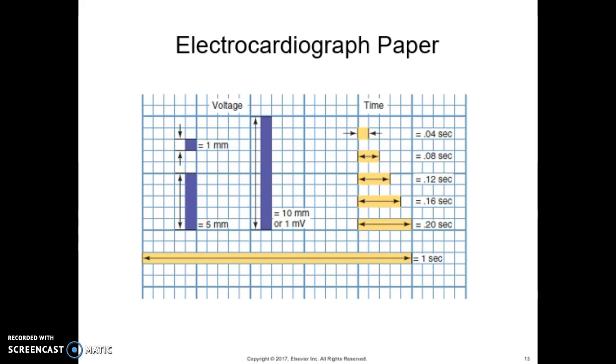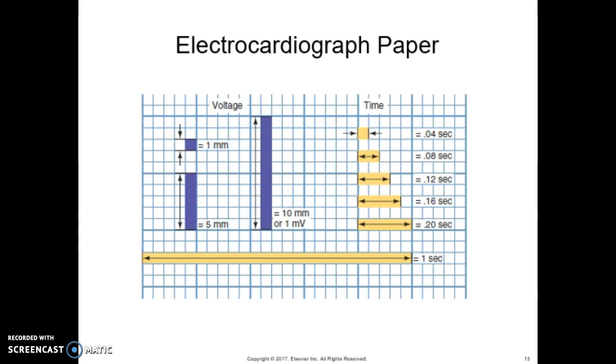The horizontal axis represents time and the vertical axis represents amplitude. Therefore, 5 sequential large squares show the record of what occurred in the heart during the time span of 1 second. So 5 large squares times 0.2 seconds equals 1 second.